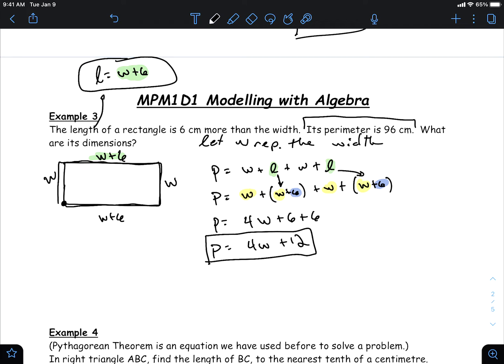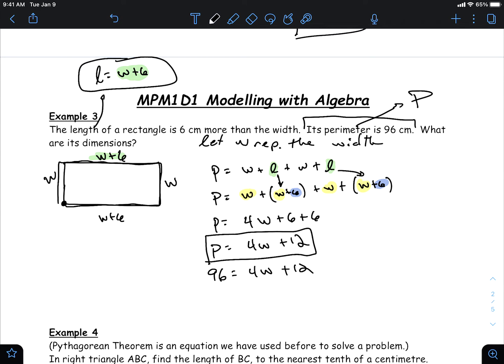Remember, perimeter is just the variable P. So we can replace the P in our equation with 96: 96 is equal to 4W plus 12. This is a solving question now. All your new content is done. We're falling back on the skills that we've tried to attain in the last few weeks.